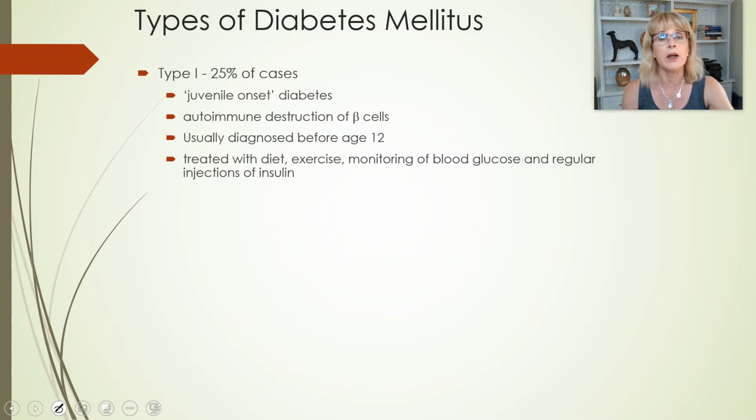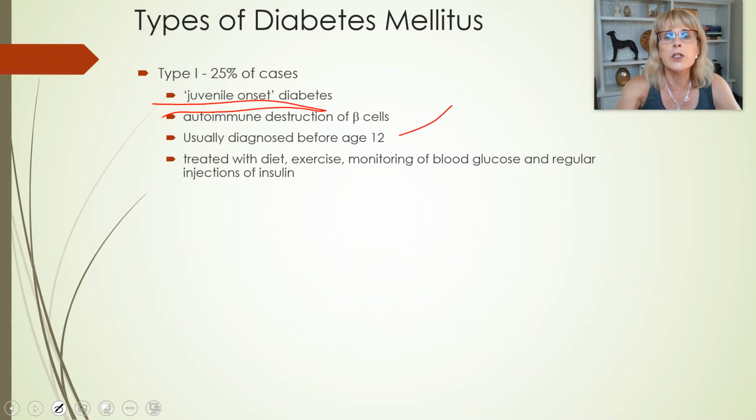And since it's such a drag on the different economies, the World Health Organization cares a lot about type 2 diabetes. But let's start with type 1 diabetes. It used to be called juvenile onset diabetes. And it is true that it is usually diagnosed before a kid gets to be 12 years of age. I did have one student whose daughter was diagnosed before she was 1 year old.